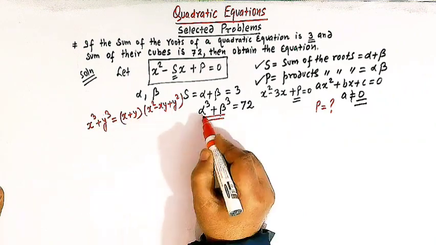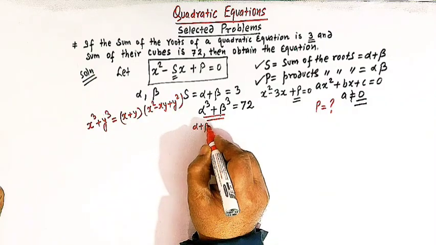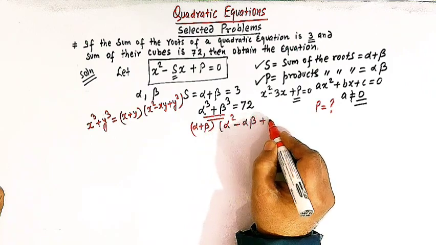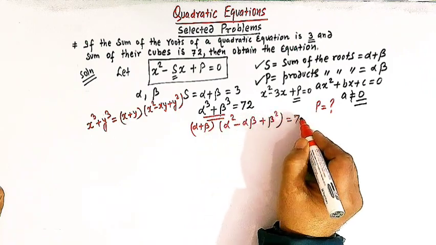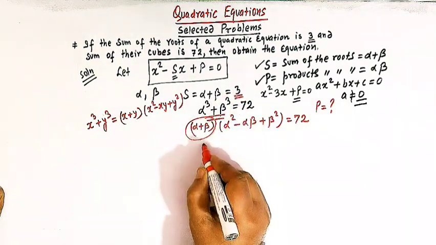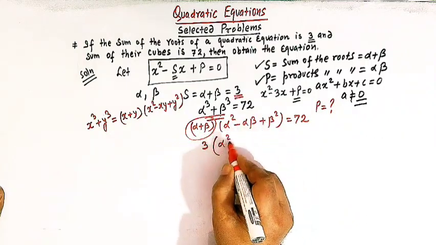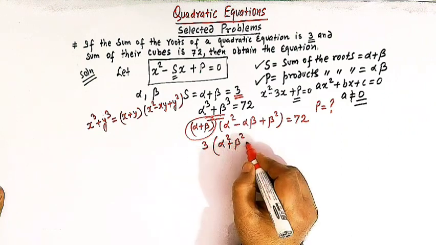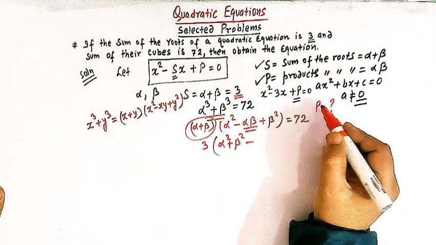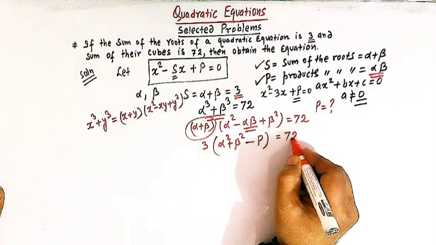Replacing x and y by alpha and beta, we have alpha³ + beta³ = (alpha + beta)(alpha² - alpha beta + beta²) = 72, right? Now alpha + beta is given as 3, so here we write 3, and we combine alpha² + beta² together, and alpha times beta may be replaced by p. So this is equal to 72.